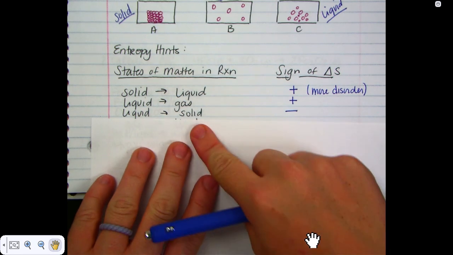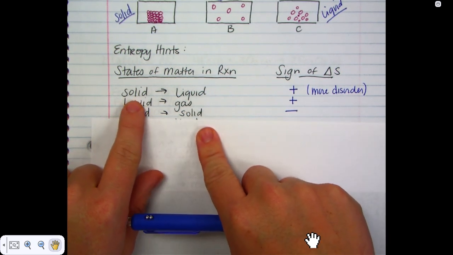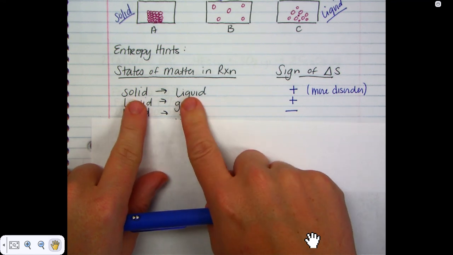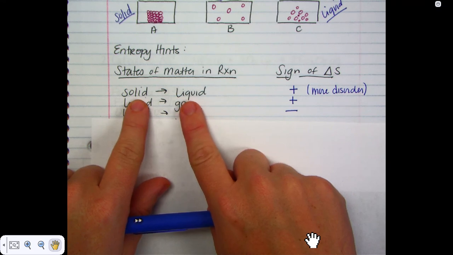So what would be an example of all of these? Going from solid ice to liquid water, right? I'm going from the pretty organized state of solid ice, where my molecules are held together quite tightly, to a more flexible liquid state.